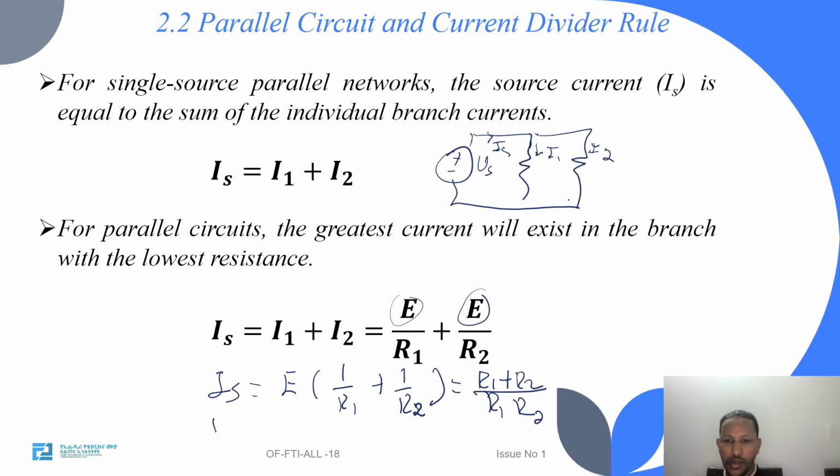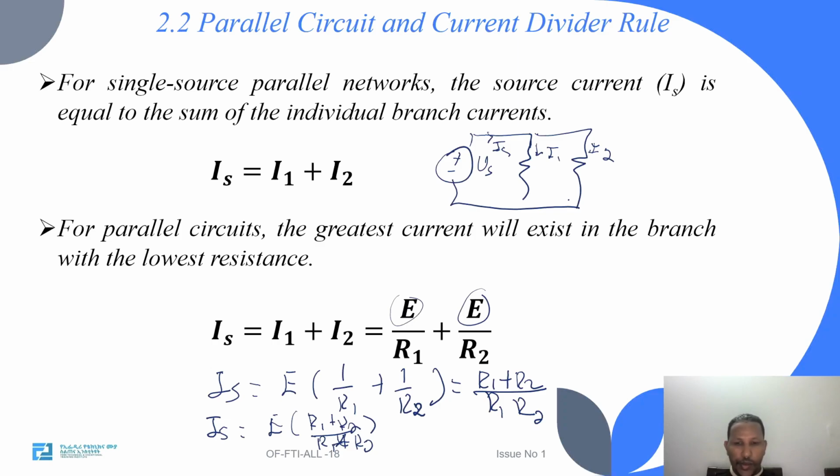So Is is equal to E into (R1 plus R2) over R1 times R2. So we can use this to determine the source current.